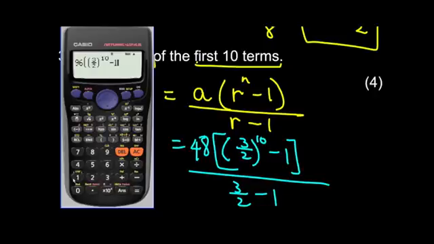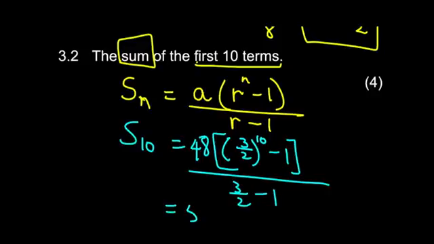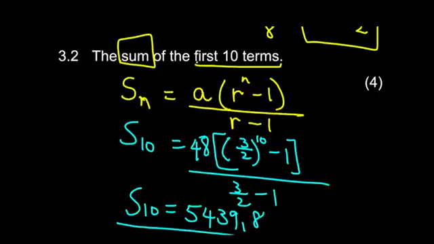We want to close that bracket. Equals. So the sum is that very large number. Let's just get a decimal for it. 5439.8. Okay, so 5,439 is the sum of those first 10 terms in the geometric sequence.